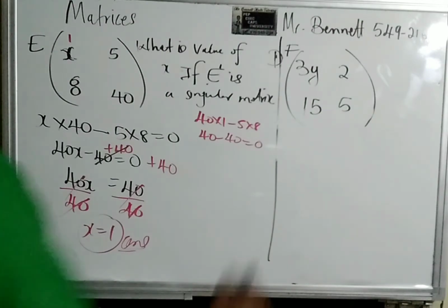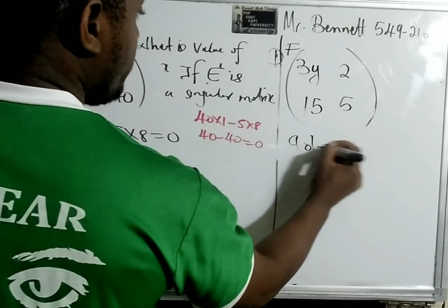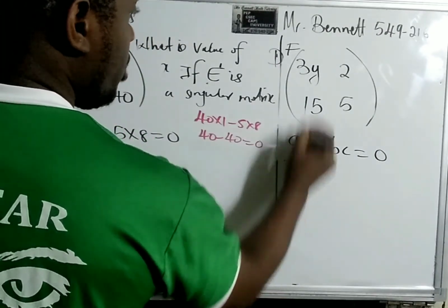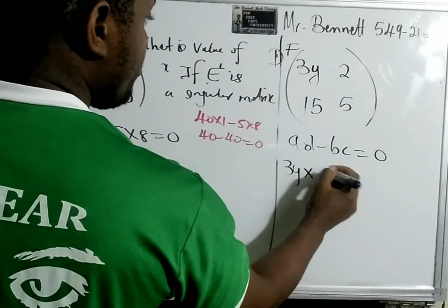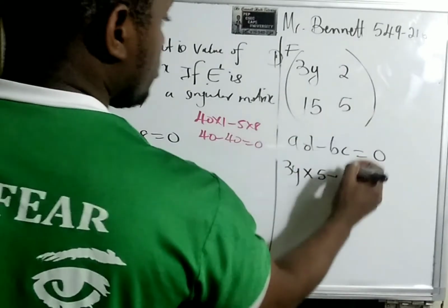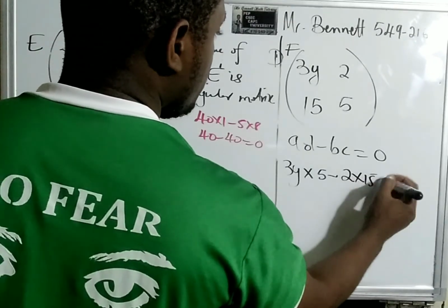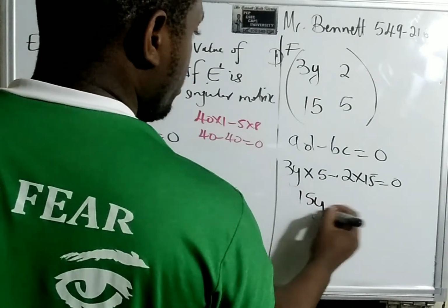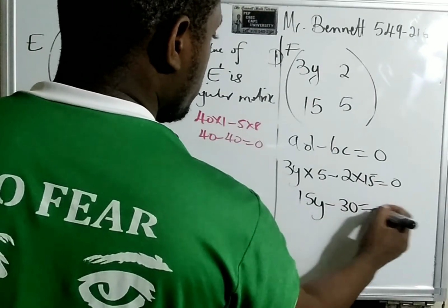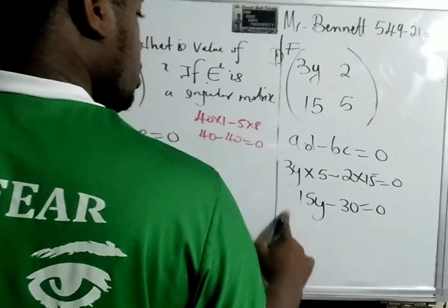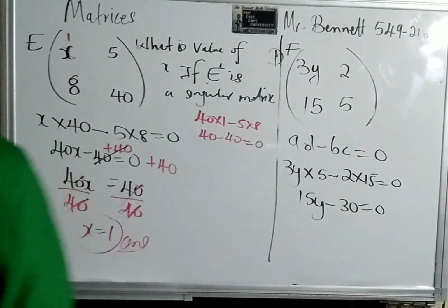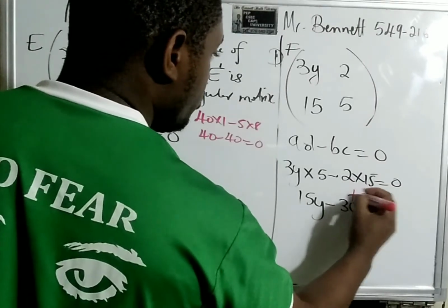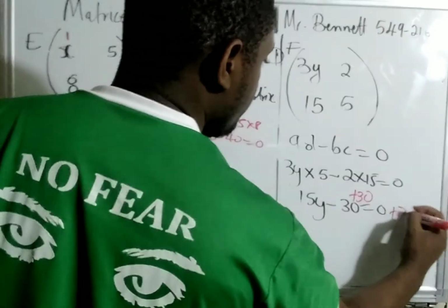Alright, let's go. We know that AD minus BC is equal to 0. So therefore 3y times 5 minus 2 times 15 is equal to 0. So 3y times 5 would be 15y, minus 2 times 15 is 30, equal to 0. We get rid of the negative 30 by doing the inverse, adding 30.